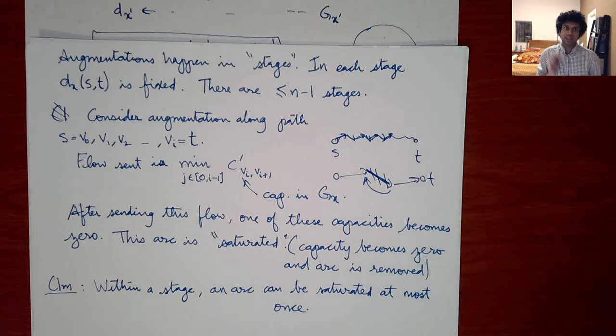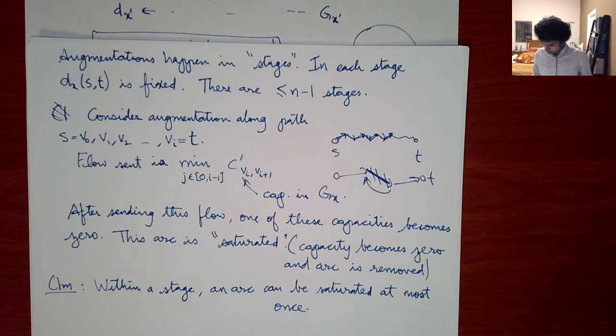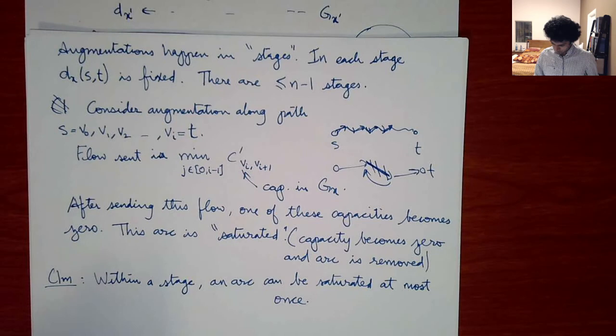What does that tell you about how many augmentations can happen within a stage? Just by this claim, how many augmentations happen? Yes? Would it be the number of different paths from the start to the end?